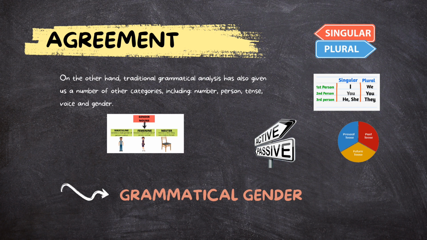In this same sentence, John drives his car, we find all the agreement. For example, the number is singular. The person is third person. The tense that is easy to identify is present.